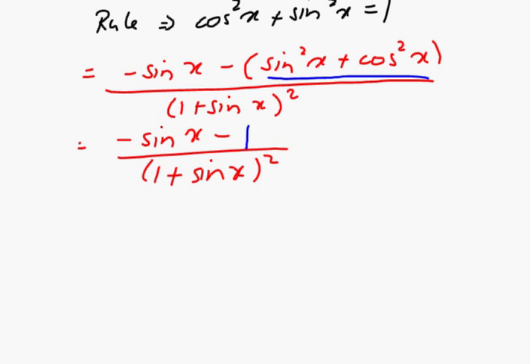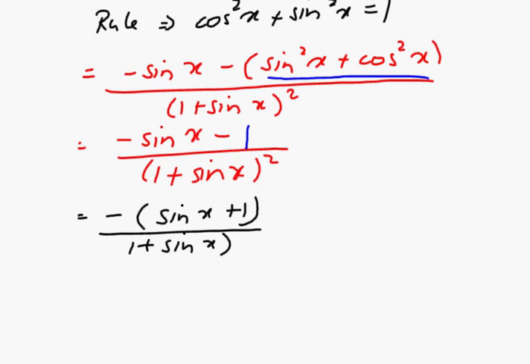Now looking at the numerator and the denominator, they both have sine and both have 1, but the top one has minus sine and minus 1, so we can bring out the negative from the top and we are left with sine x plus 1 over 1 plus sine x whole thing squared.